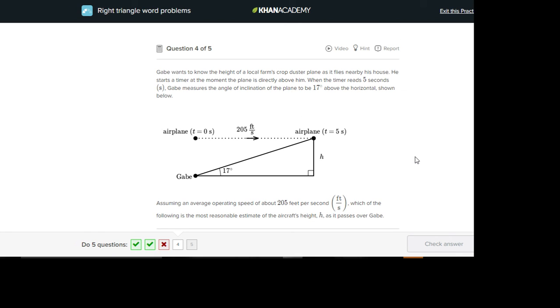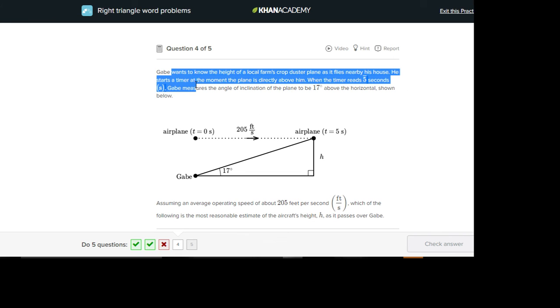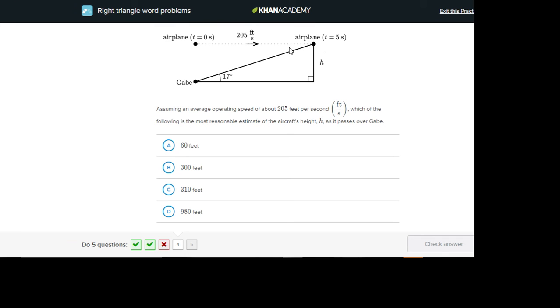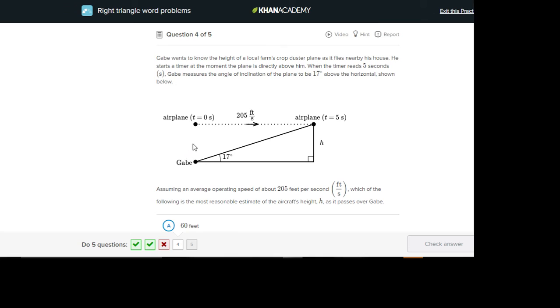No normal person would do the math to know that they're crop dusters. Alright. Looks scary, but I got this.